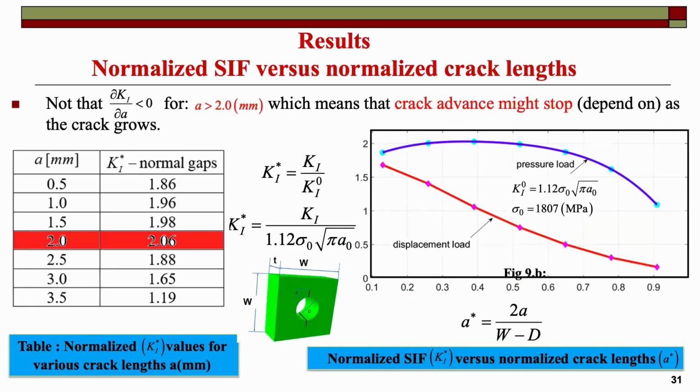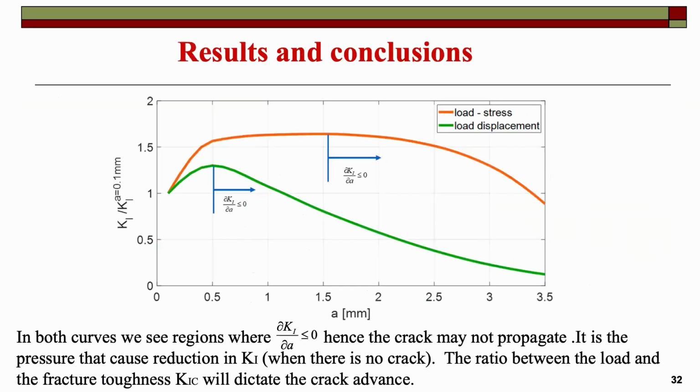We see that for a greater than 2 millimeters, the crack advance might stop, depending on this. And as we see in both curves, there are regions where the slope is negative, hence the crack may not propagate.